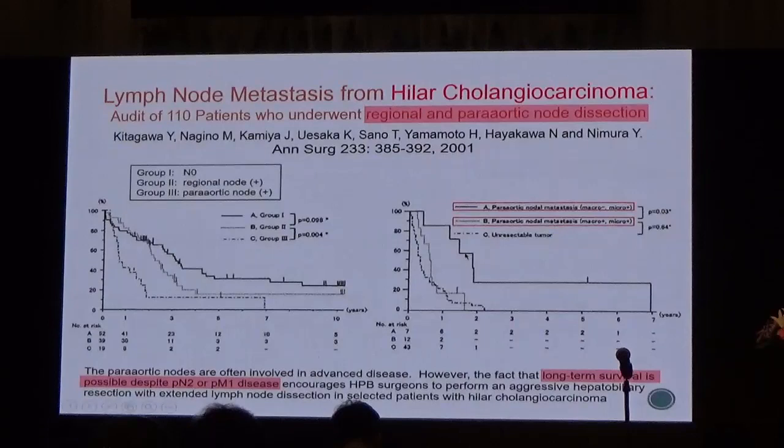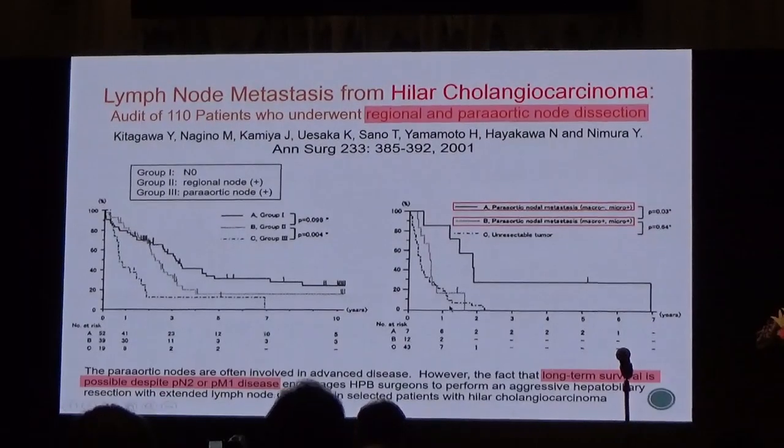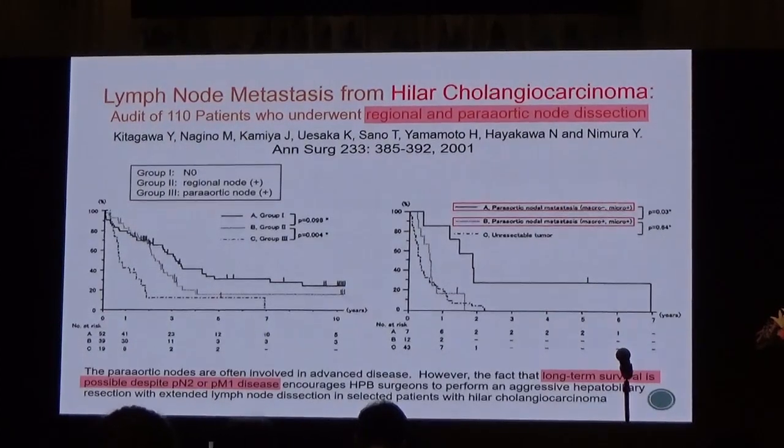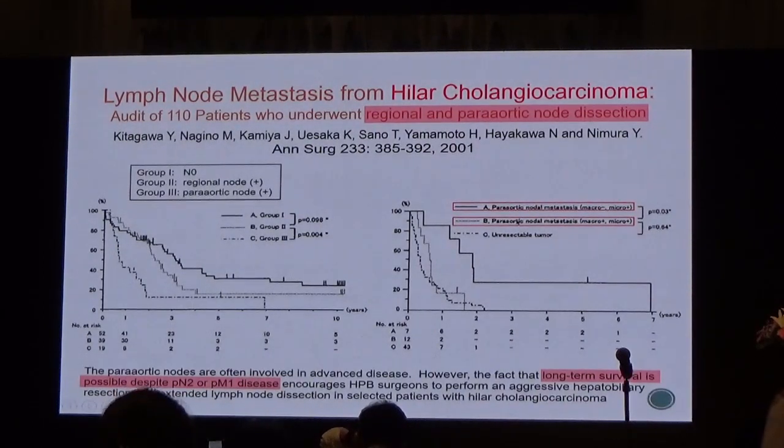There is a significant difference in survival between the macroscopic positive and negative metastasis. But looking at here, macroscopic positive para-aortic node cases are the same in survival as undissected patients. So if intraoperatively the para-aortic node is negative, we should go on to resect the tumor.